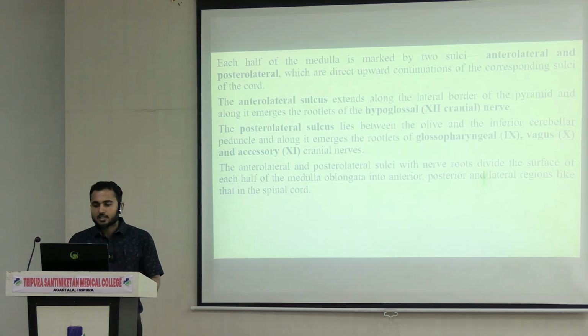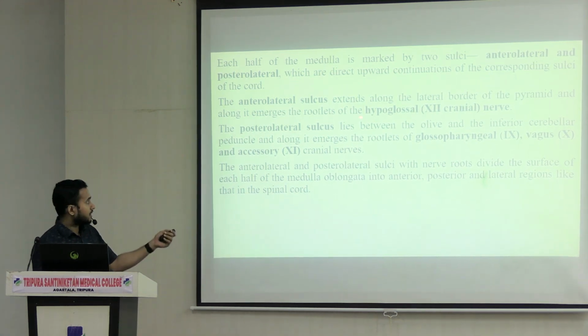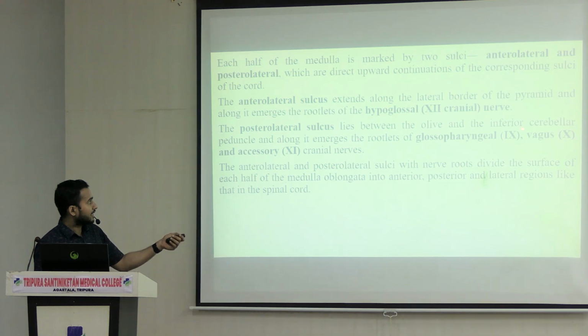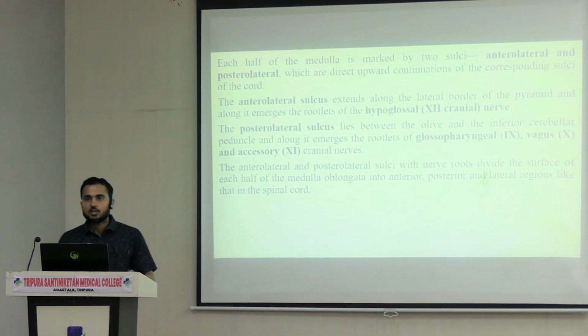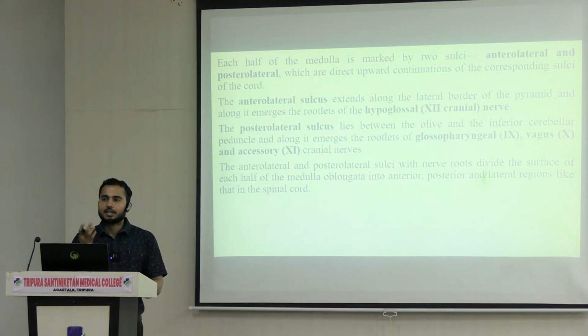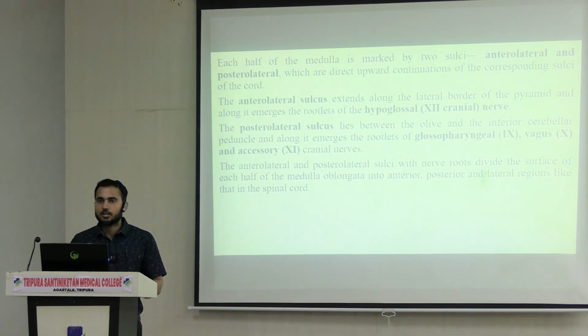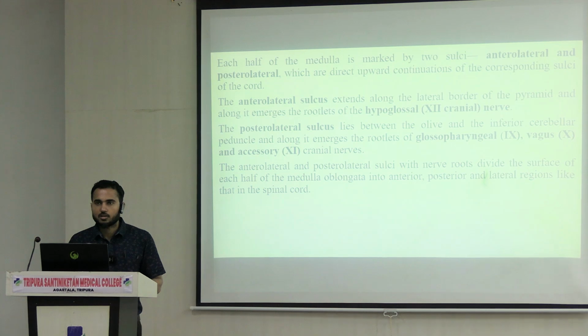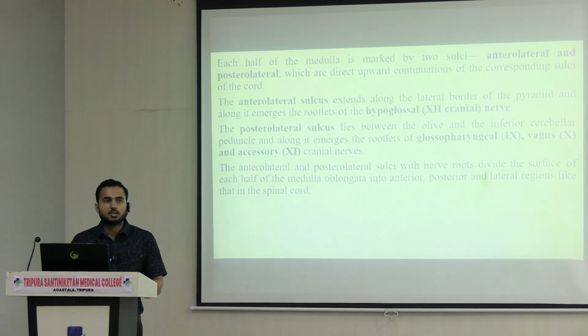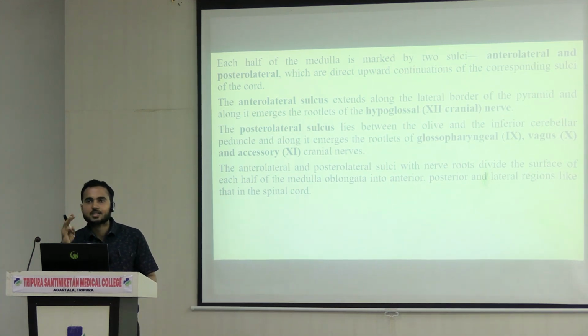Next, the posterior lateral sulcus. Here you can see it lies between the olive and the inferior cerebellar peduncle. The inferior cerebellar peduncle generally cannot be seen on the anterior aspect, but on the posterior aspect it can be seen. There are a total of 3 cerebellar peduncles which connect the cerebellum to the 3 parts of the brainstem. The inferior one connects the medulla oblongata to the cerebellum.